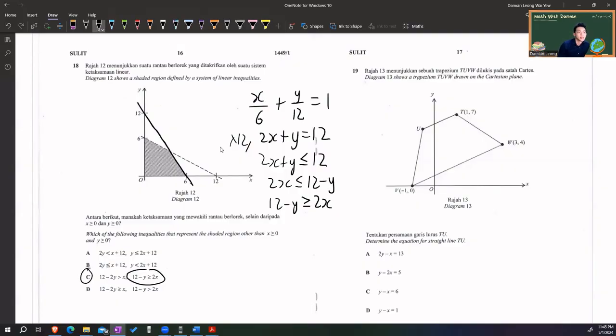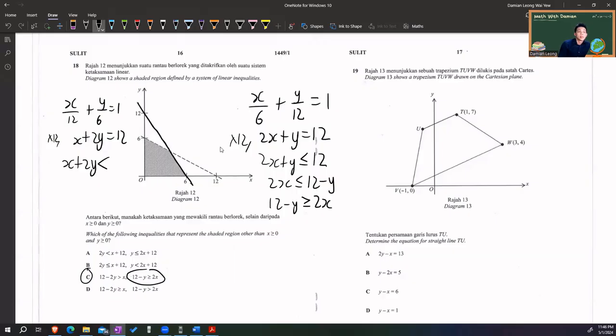But just to double check, the other one, take x over x-intercept plus y over y-intercept equals 1 times 12. I get x plus 2y equals 12. The inequality is below, so it should be less than. Kalau di bawah, maknanya ketaksamaan ini adalah kurang daripada.